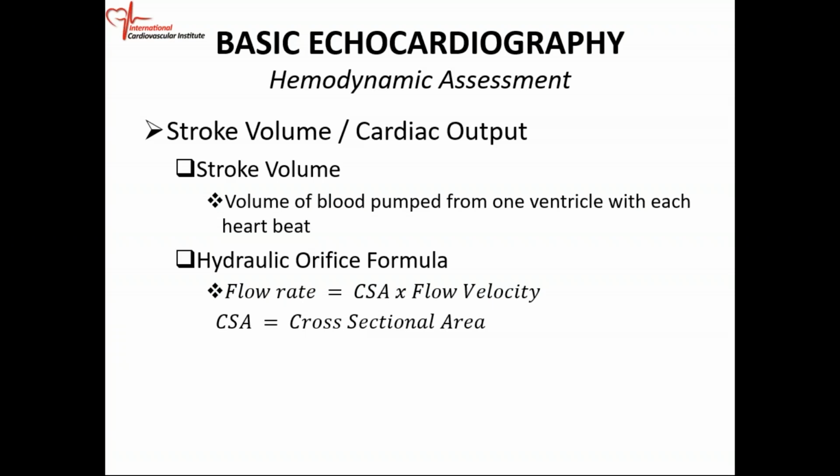The echo software will give you not only a stroke volume, it will give you an ejection fraction. But the stroke volume is the volume of blood pumped from each of the ventricles per beat.